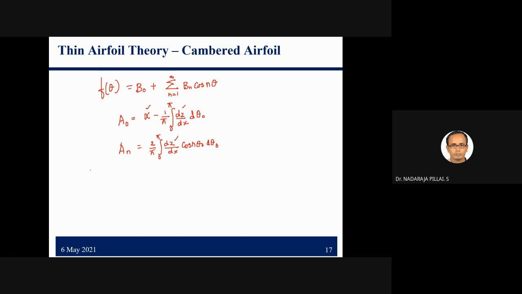So let us come back with the equation for circulation. Once we calculate circulation, we can calculate the coefficient of lift. So the total circulation due to the entire vortex sheet from the leading edge to the trailing edge, we can write integral 0 to c gamma of theta d theta, that is equal to c by 2 into integral 0 to pi.